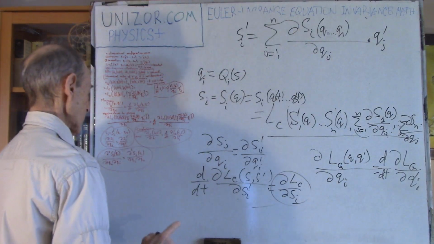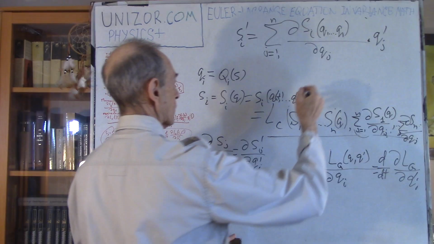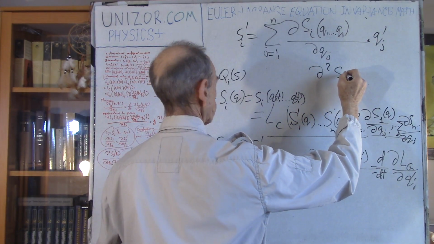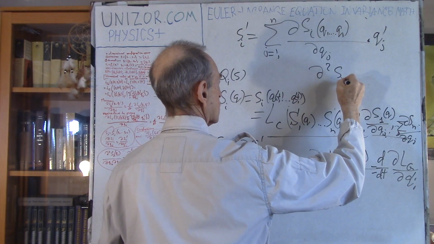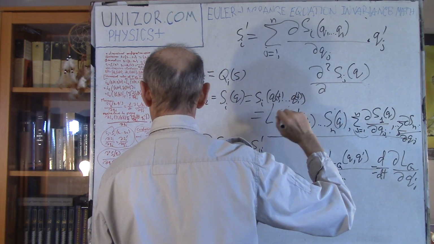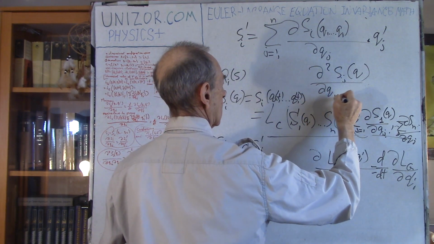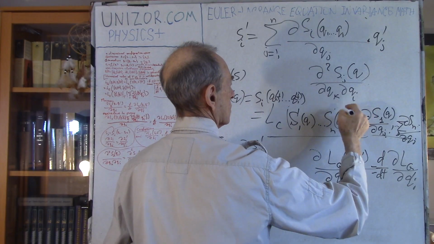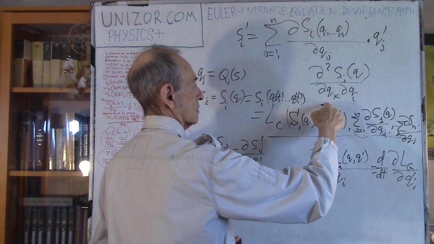Oh yes, one more thing. Whenever you're twice differentiating something like this, d2S_j of q, first you differentiate by qi and then by qk.